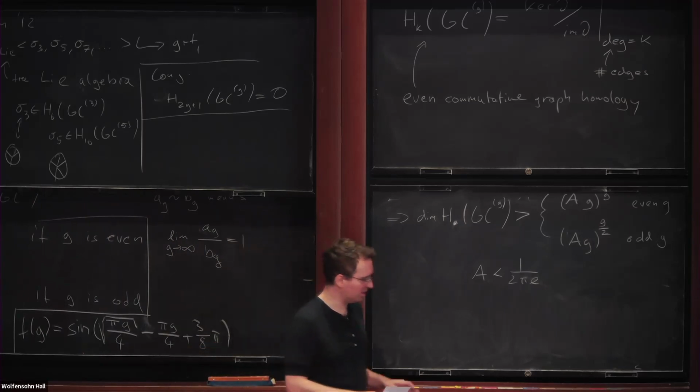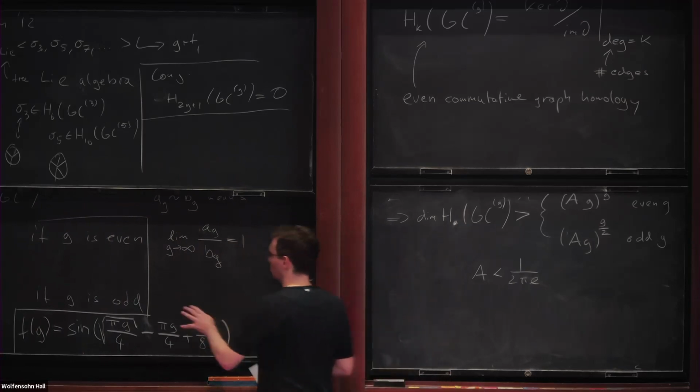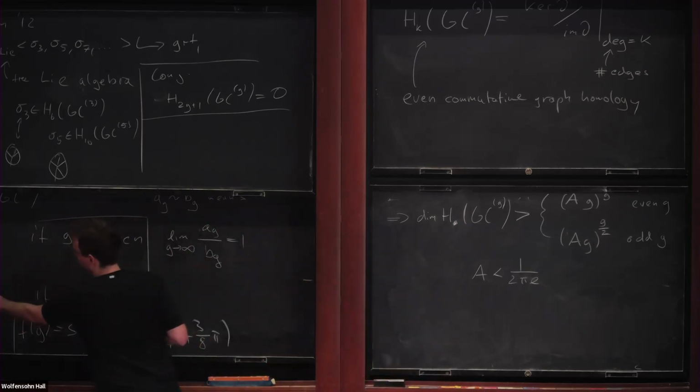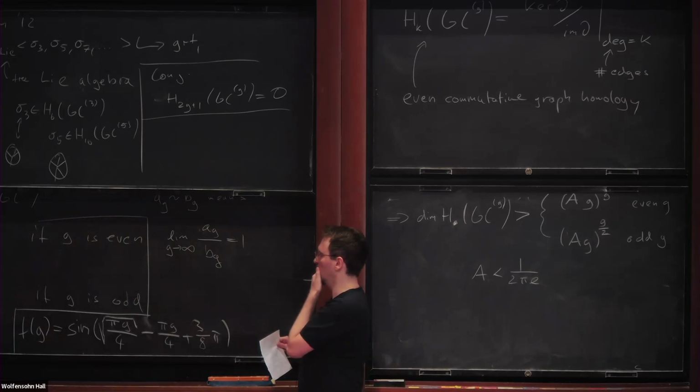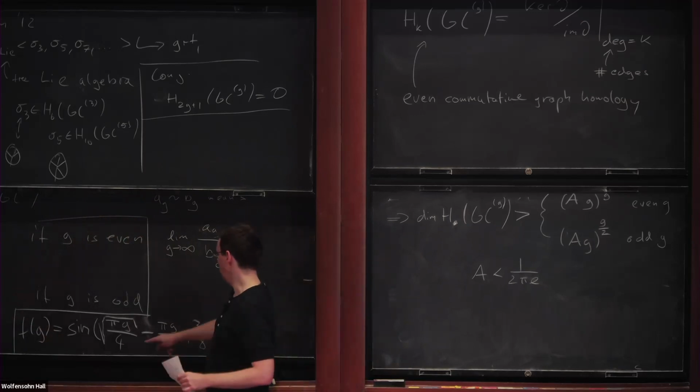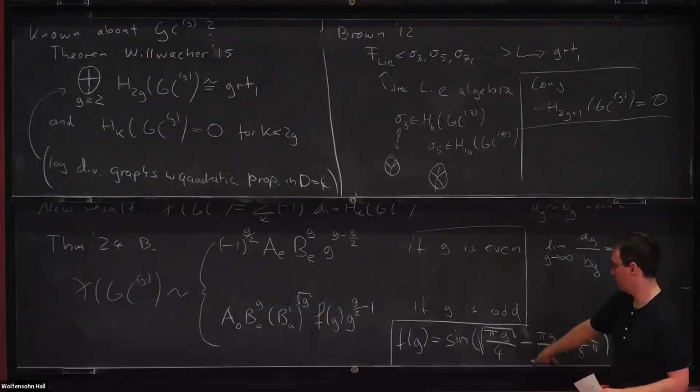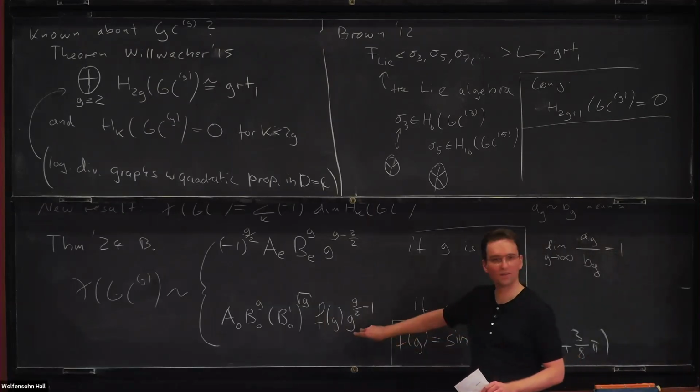But this effect is countered by the large growth rate of this g to the power of g over 2 term. So actually, in the end, the sine function cannot really make this growth rate go away.